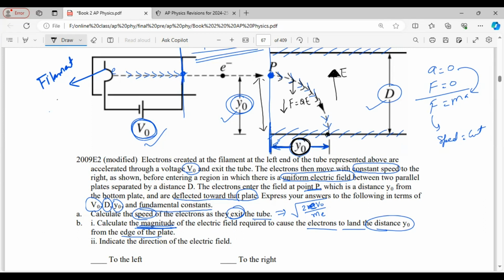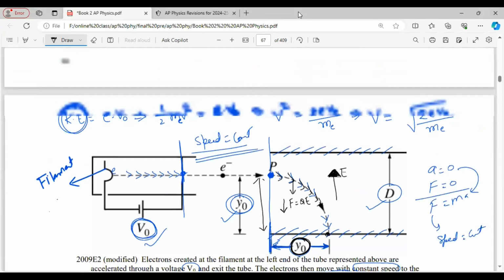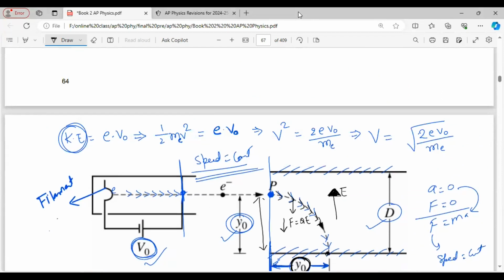Time will be the same for both directions, right? So we can find that time also. Let us calculate the time during which it will fall horizontally y naught distance as well as vertical y naught distance. Time will be the same for both because it's a two-dimensional motion.